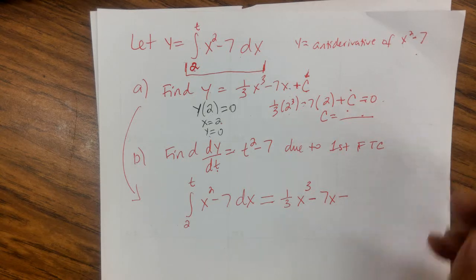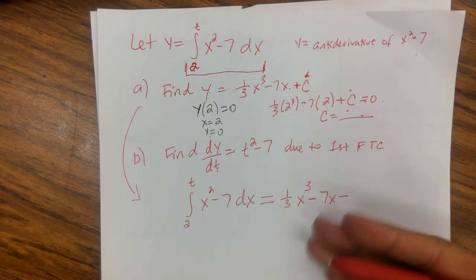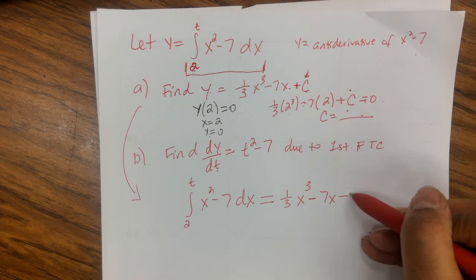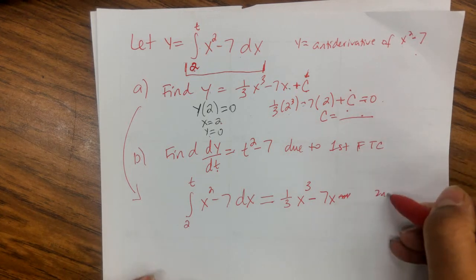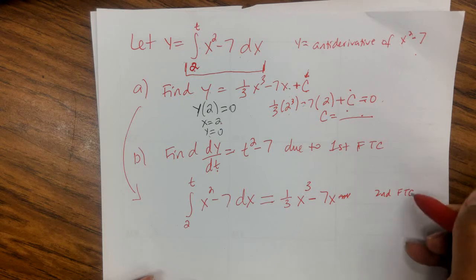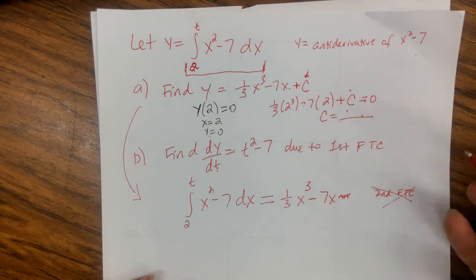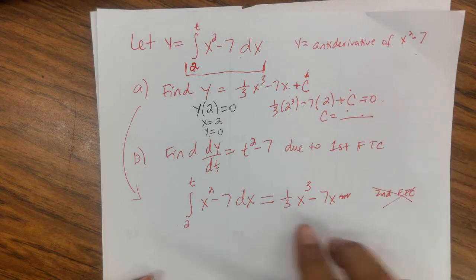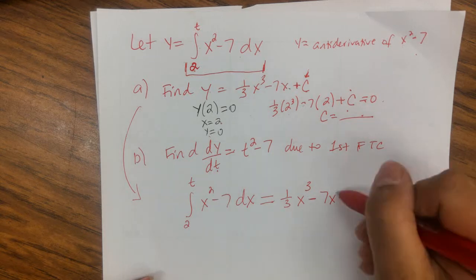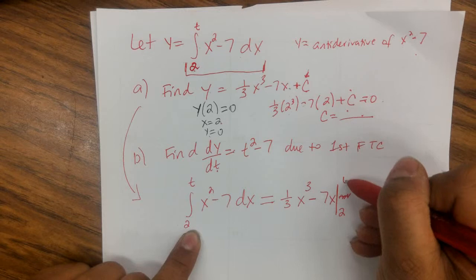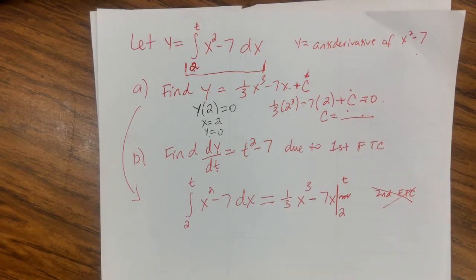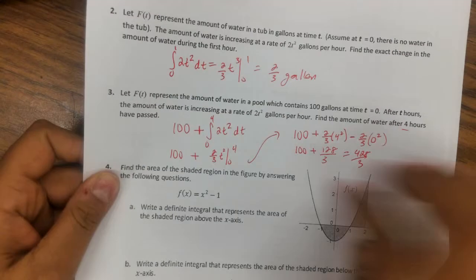And I don't have to do the plus c in the version that I'm doing, so let me cross that out. So this is me using the second FTC theorem, which you don't have to write. I'm just saying it because I'm using it. So here's my antiderivative, such that I'm going to go from 2 to t. It's exactly what we did in class.